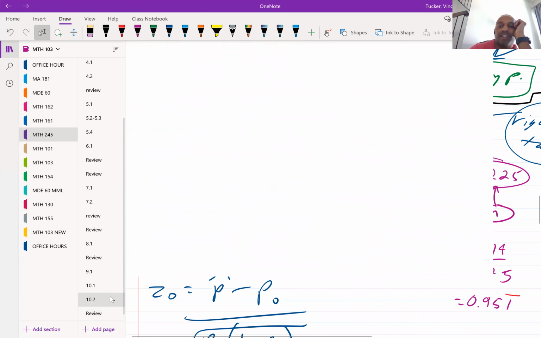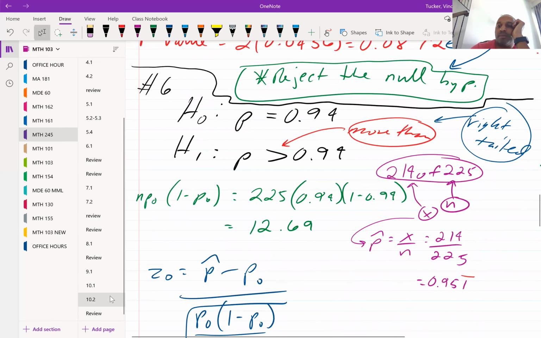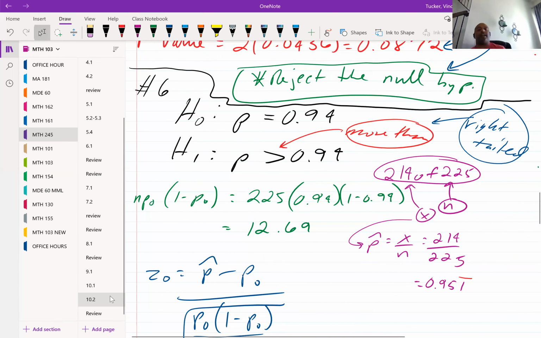All right. So let's look at, why am I stuck getting larger? Okay, last one for today. Once again, we have our null and alternative hypothesis stated. So P equal to 0.94, P is greater than 0.94. In this one, there was a word problem.